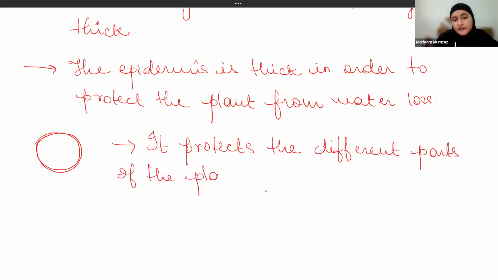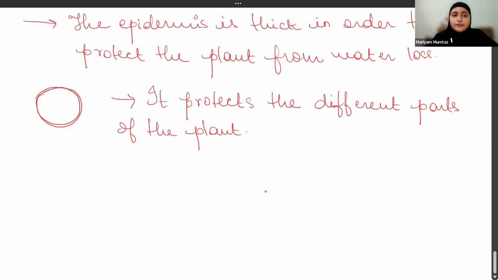All different parts of the plant are also protected by the epidermis. How? Because the epidermis is covering the whole plant body, so it is protecting every single part. Is it clear?